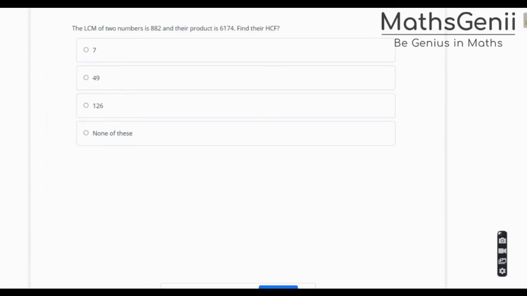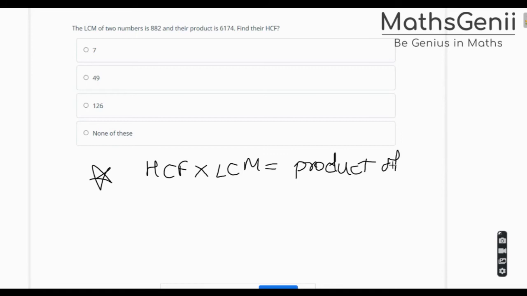The LCM of two numbers is 882 and their product is 6174. Find the HCF. Now students, for this there is a formula. Okay, there is a formula. Remember this formula. What is the formula? HCF into LCM is equal to product of two numbers.